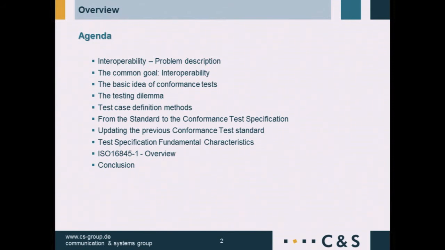Having that knowledge will make it easier to get to the main focus of this presentation, which is how the new functionalities of CAN XL were implemented or added into the updated conformance test standard. And at the end, I would like to briefly explain the structure of this conformance test standard.